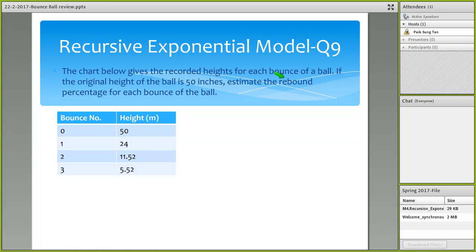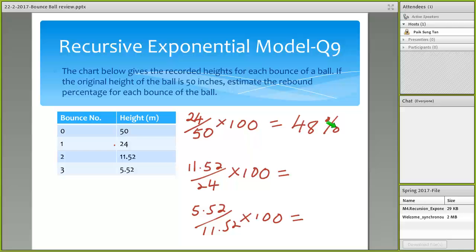So let's calculate our rebound percentage. So this is 48%. And you calculate the second one.